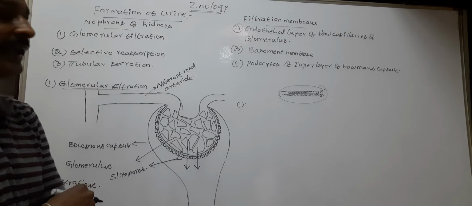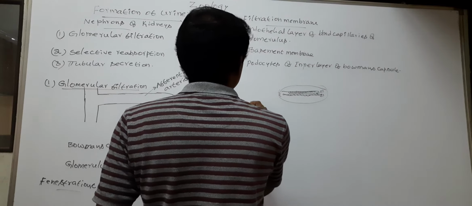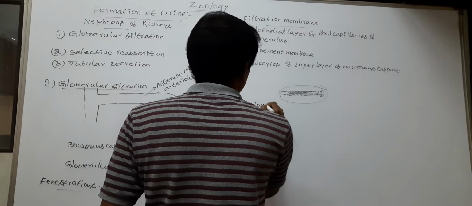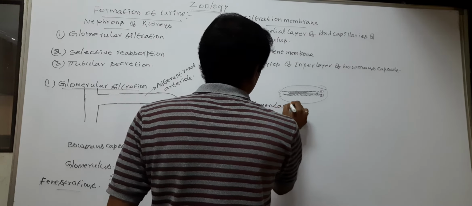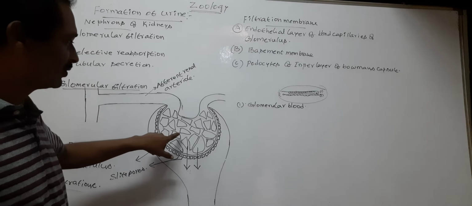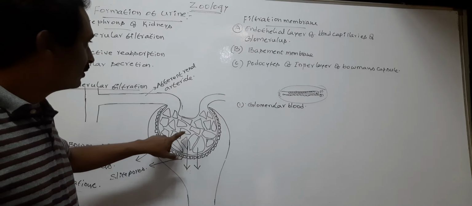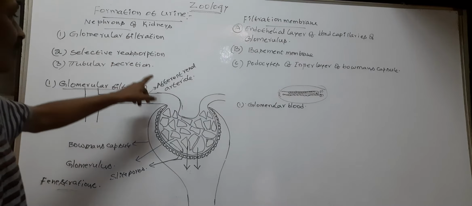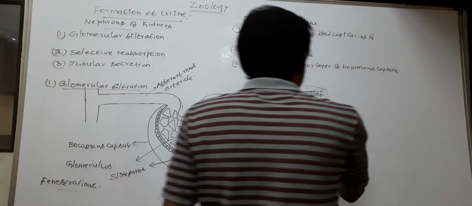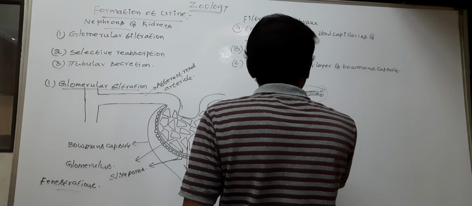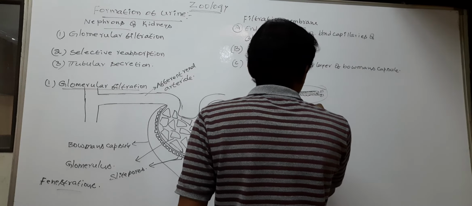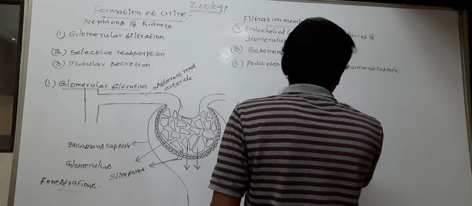Here, the blood which passes through the glomerulus has glomerular hydrostatic pressure.